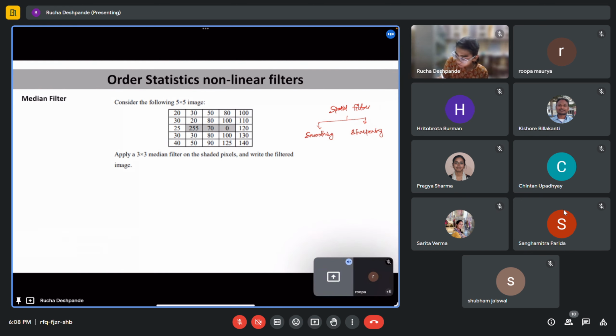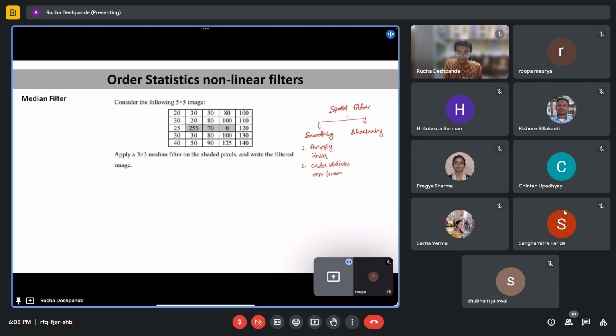In smoothing, we saw average and linear. Then the second one was order statistics, non-linear, and there was sharpening. We hadn't seen order statistics and sharpening.